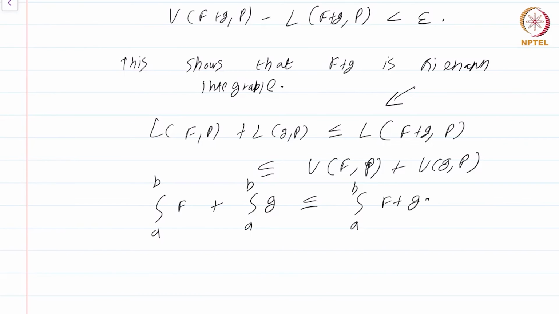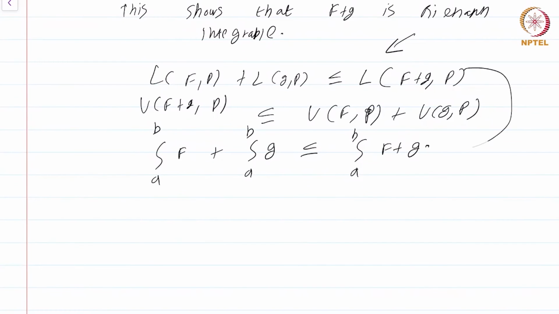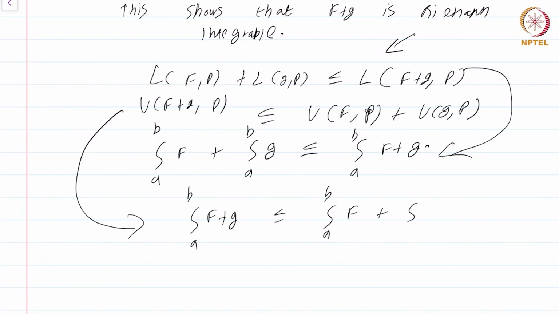Wait a second, I should write the other inequality also. That is U(f+g,P) is less than or equal to U(f,P) plus U(g,P). Now this is what we obtained from the first inequality. From the second inequality, taking infimum on both sides, you will get integral a to b f plus g is less than or equal to integral a to b f plus integral a to b g.